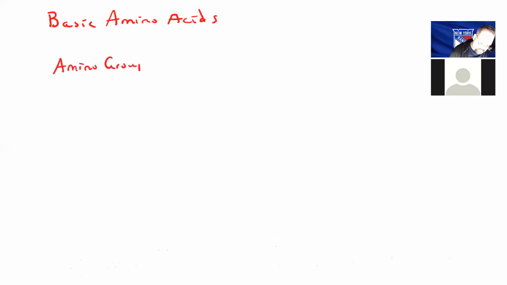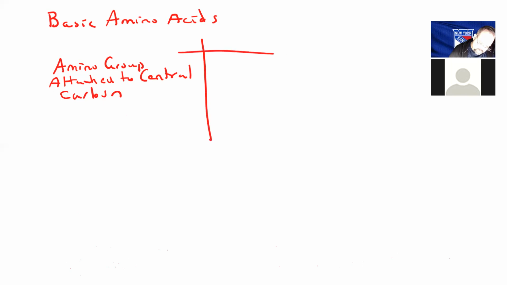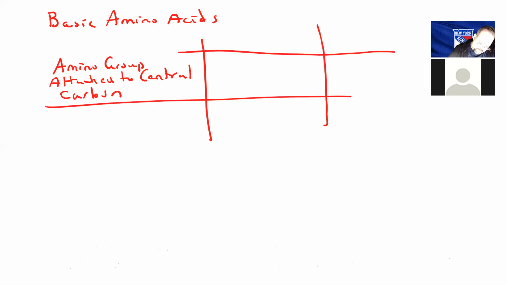Okay. Let's look at your basic amino acids. So we're going to take a look at two things. We're going to take a look at the amino group attached to the central carbon, and we're going to take a look at the side chain amine group.